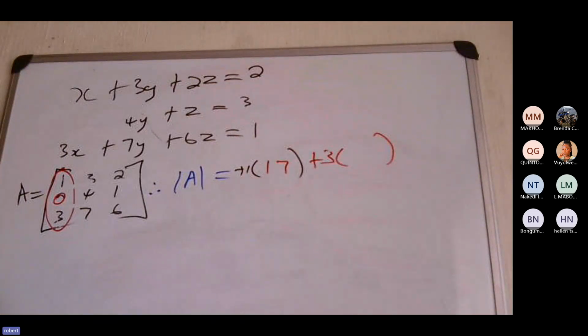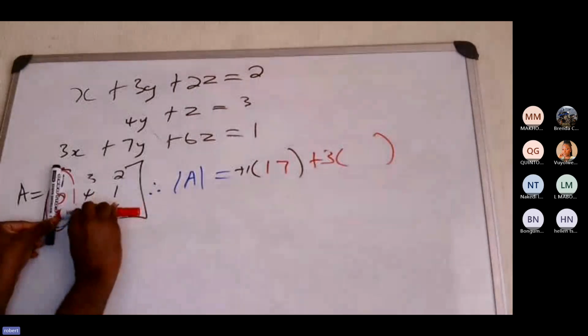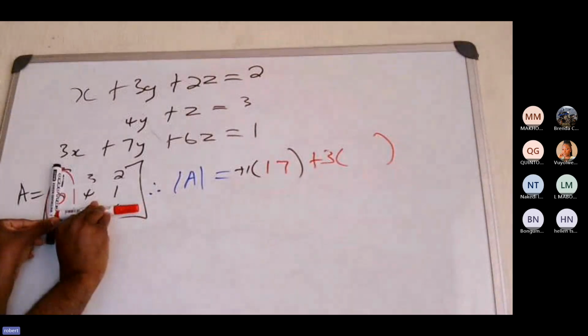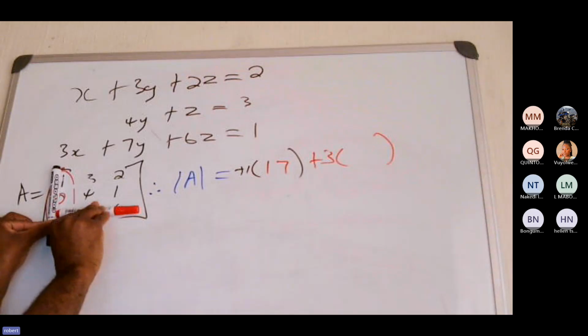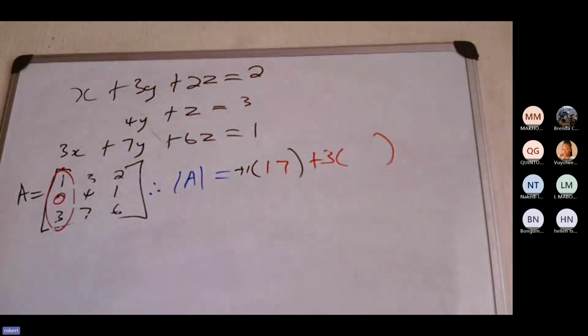But please make sure that you are not left behind. Now you cover, because it's in the first column, you cover the first column, then you cover the third row. Then you take the determinant of whatever is left, which will be 3 minus 8. And what is 3 minus 8? 3 minus 8 is minus 5.